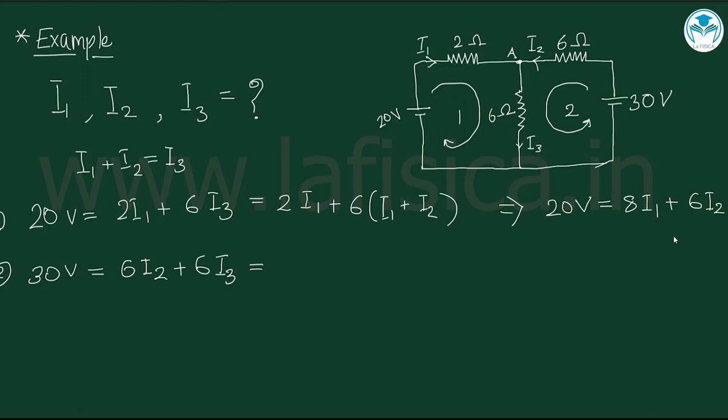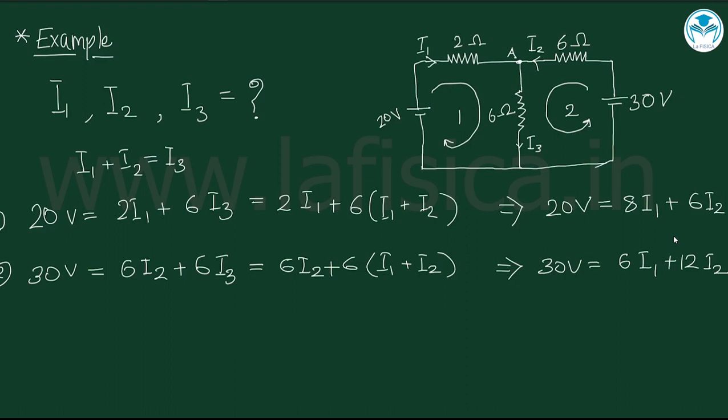Similarly, we can write 6I2 plus 6 times I1 plus I2, which gives 30 volt equal to 6I1 plus 12I2.